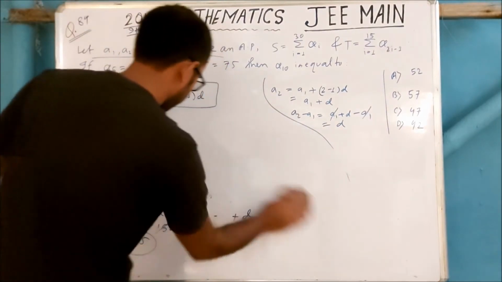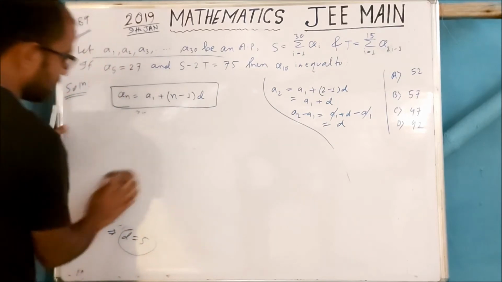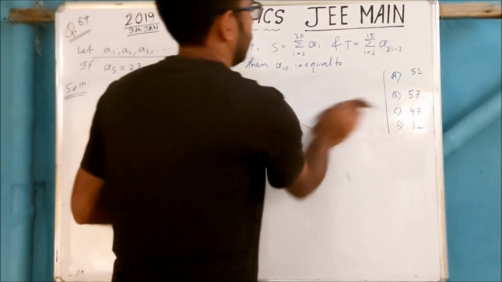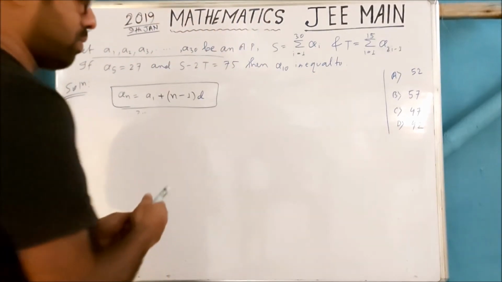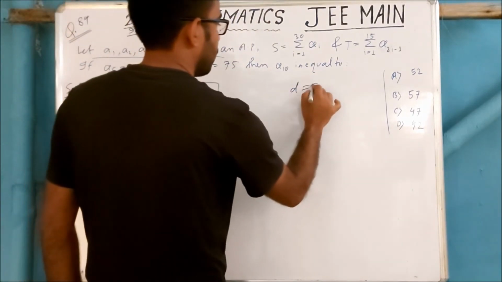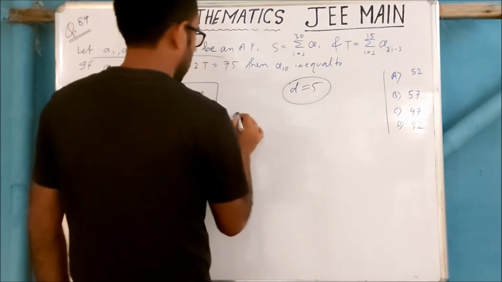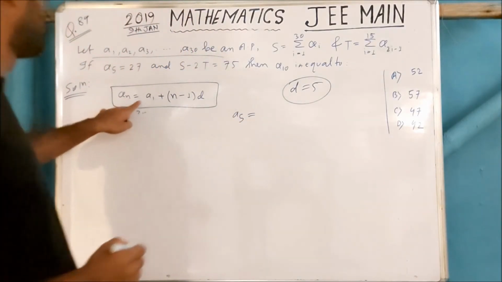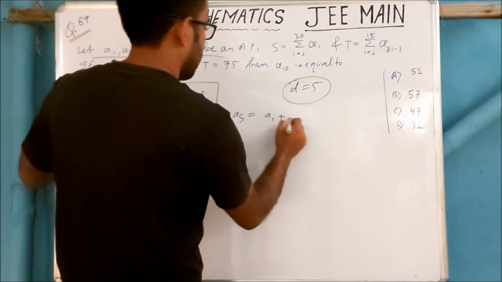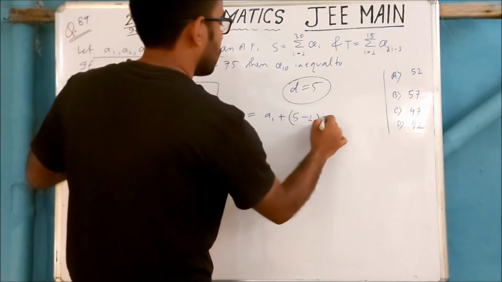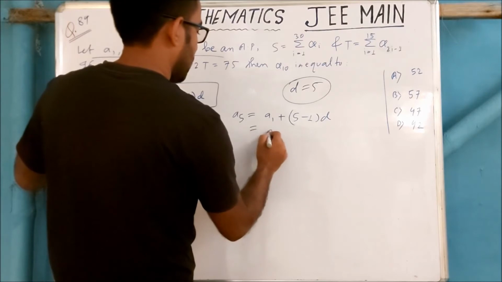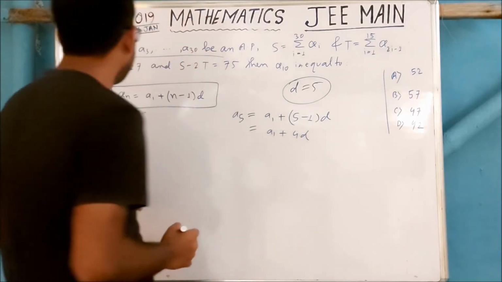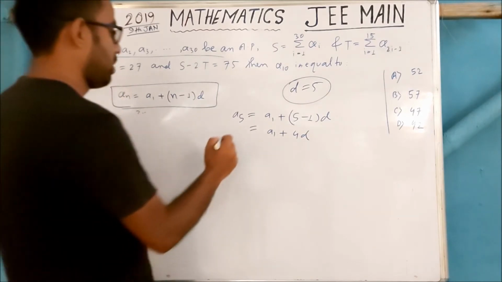So finally, D equals 5. Now A5: we put n equal to 5, so we get A1 plus (5 minus 1) into D, A1 plus 4 into D. A5 is given, this is 27.